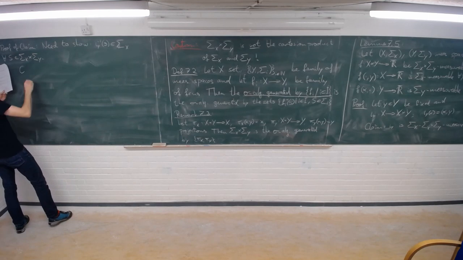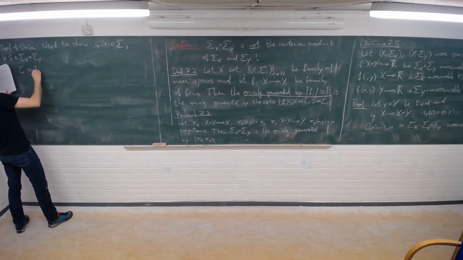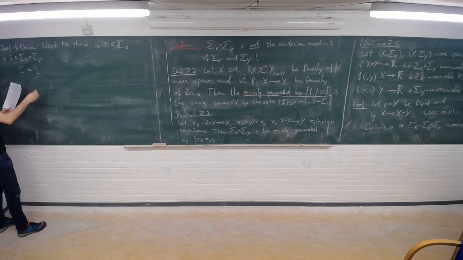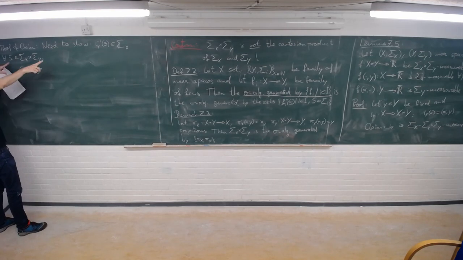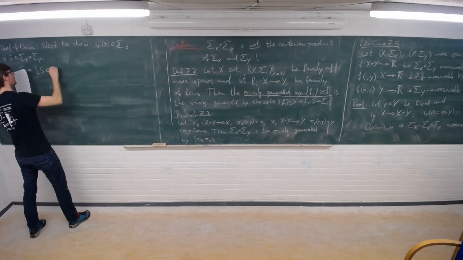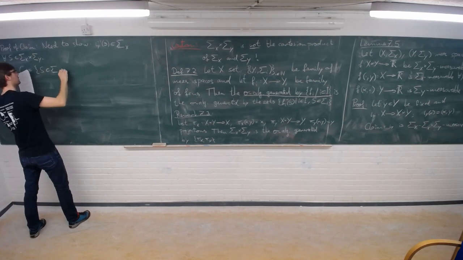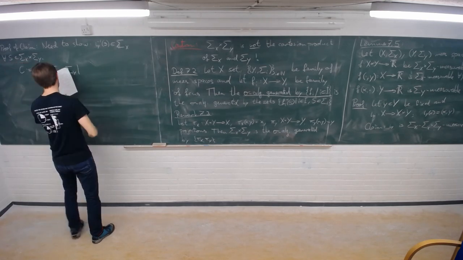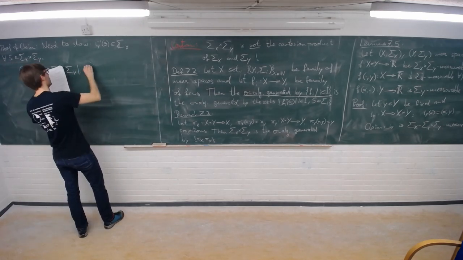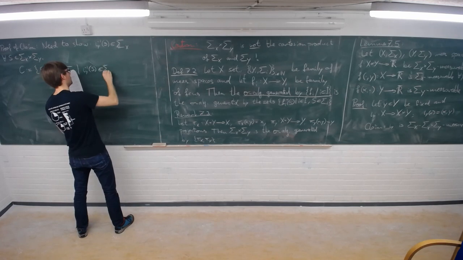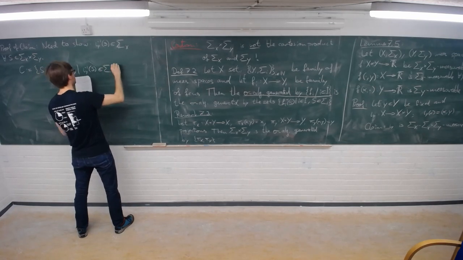Namely, we define a set which we call C, which is the set of all S where this measurability condition is satisfied. So C is the set of all S in sigma X times sigma Y such that iota y inverse of S is in sigma X.